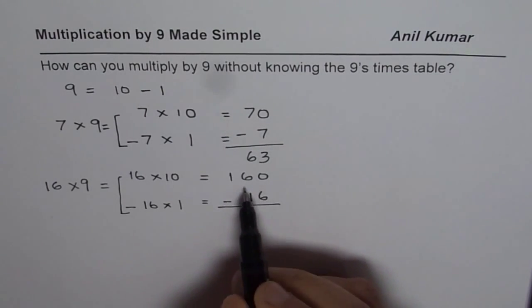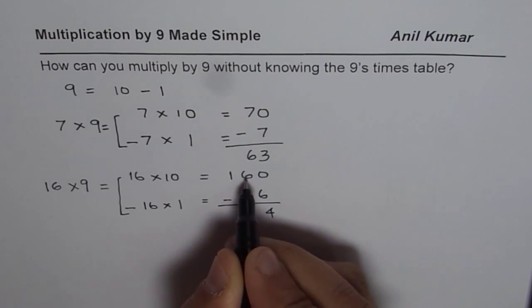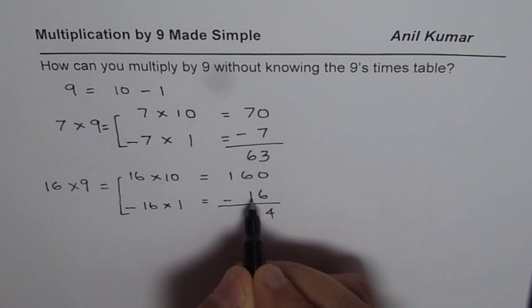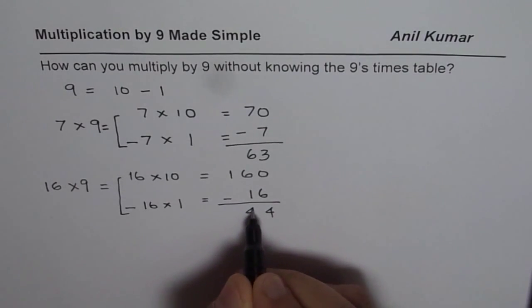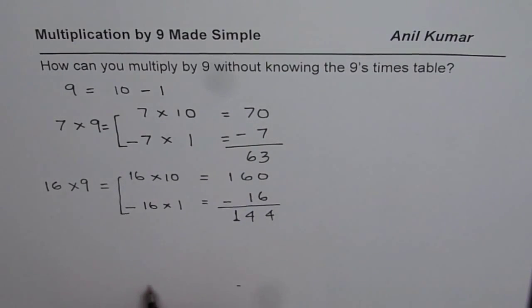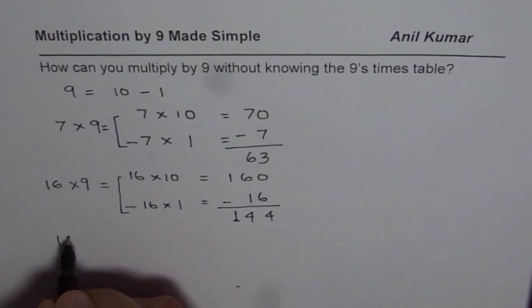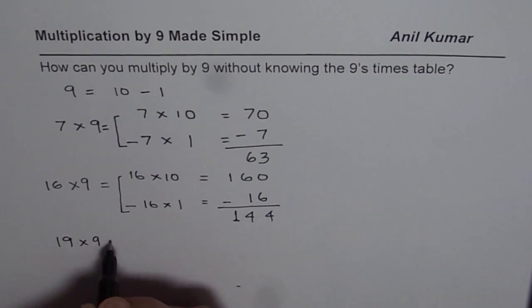When you take away from 10, you get 4. You had borrowed 1, so this was 5. 1 taken away from 5 is 4, and then you're left with this 1, right? So 144.